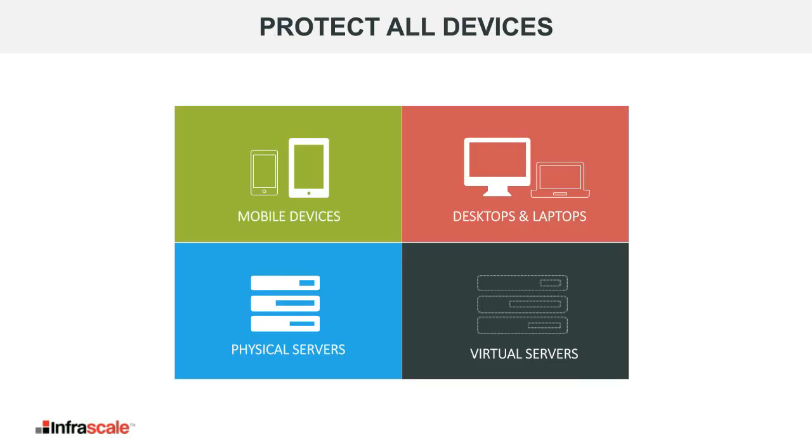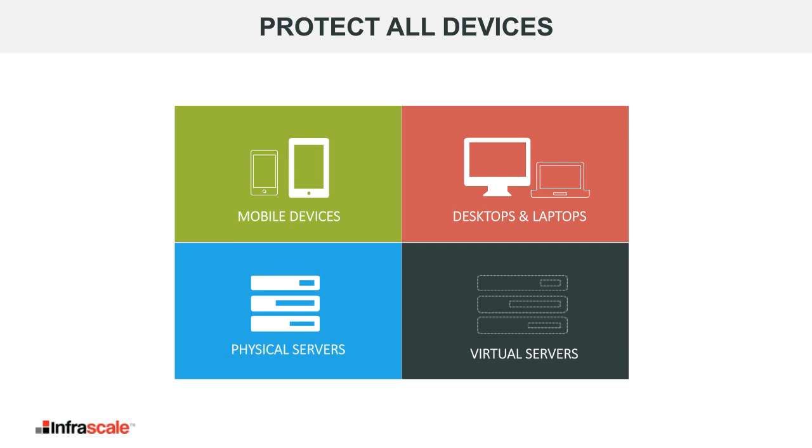So just to run down a few of the specifics, taking a look at what we can support, just to be clear and make sure we're all on the same page. We'll protect any device: desktops and laptops across Windows and Mac, mobile devices, iPhones and Androids, and that includes some MDM functionality, so mobile device management, geolocate, and remote wipe as well. So again, this is going to come into play with that data sprawl issue that we talked about earlier.